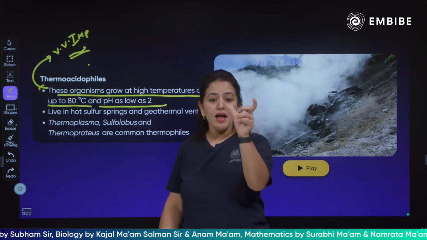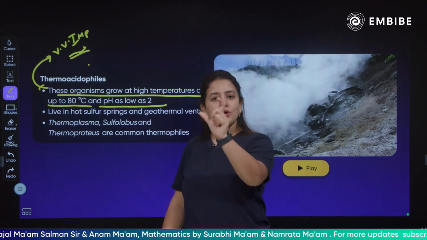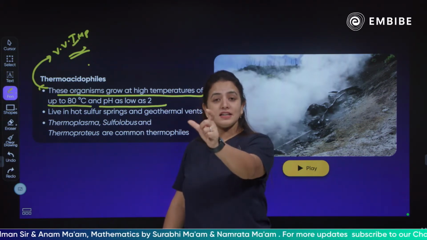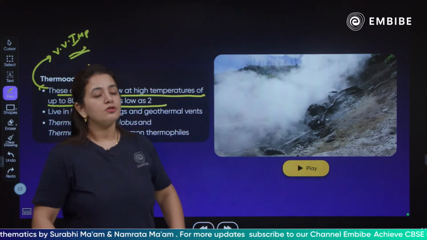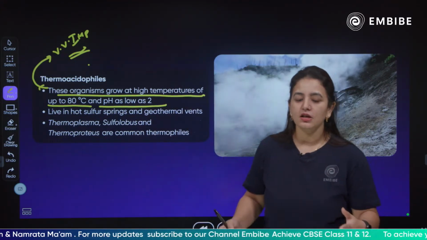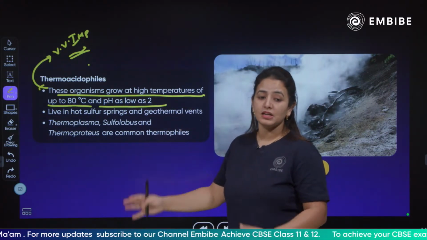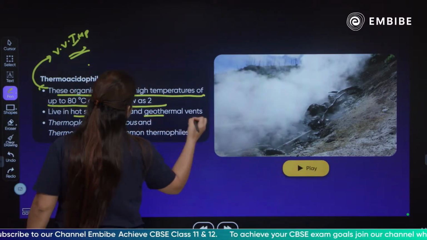So they are Thermoacidophiles. Thermo means temperature, acido means acid, and phile means living organisms. Okay, so Thermoacidophiles, thermal conditions, acidic conditions, they are able to survive in such extreme conditions. They are present in hot sulfur springs and geothermal vents.